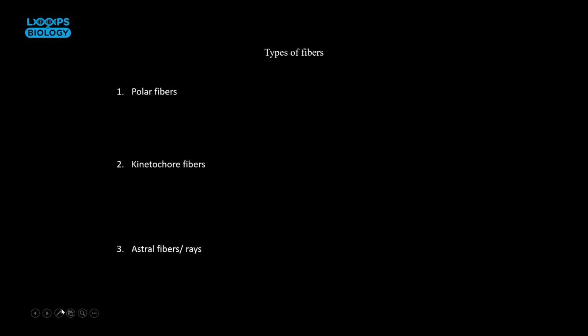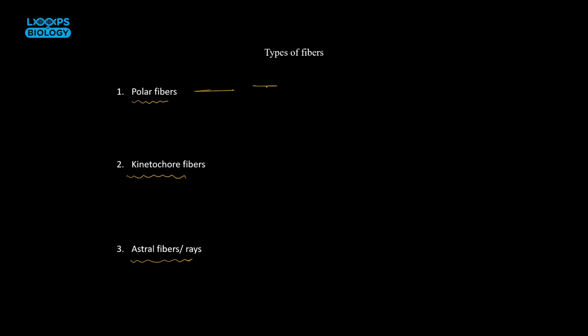All right. Now, what are the types of fibers? There are a total of 3 types of fiber: polar fibers, kinetochore fibers, and astral rays or astral fibers. Now, what do you mean by polar fibers?